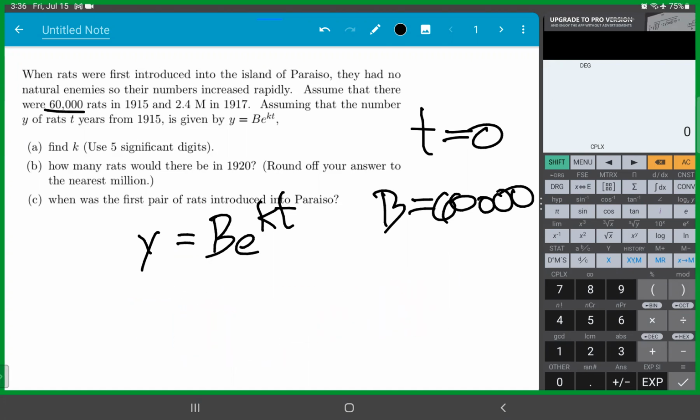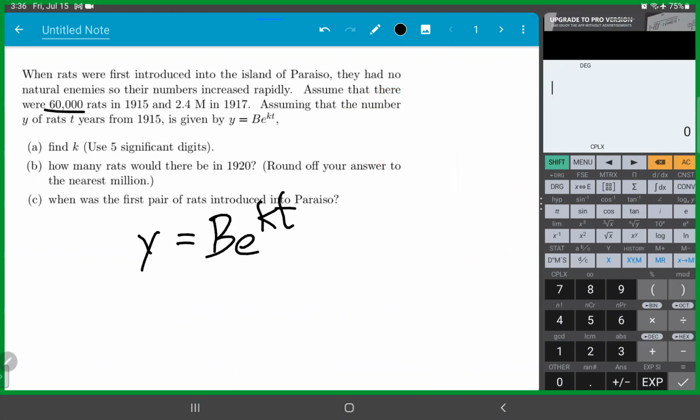We can show this still by just substituting these values here. This given here says that when t is 0, 1915, year 0, the population is 60,000.